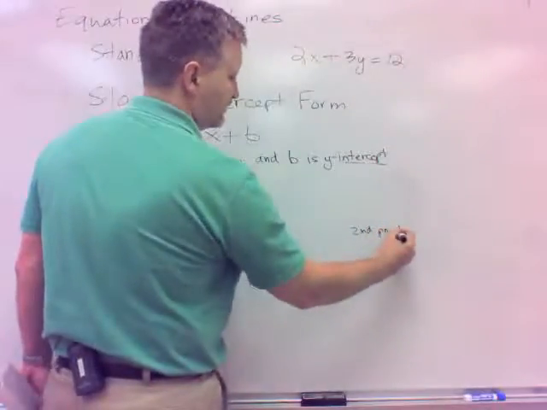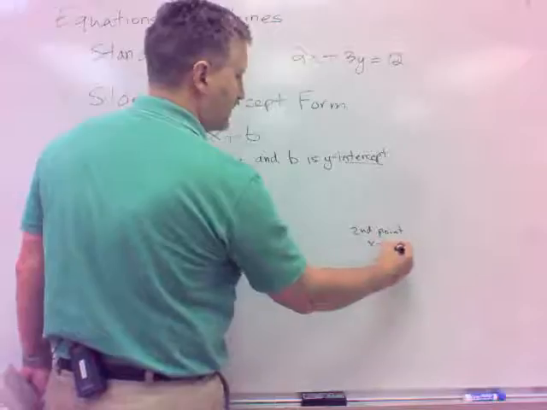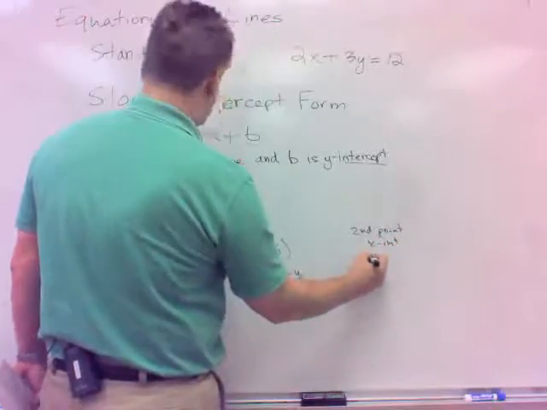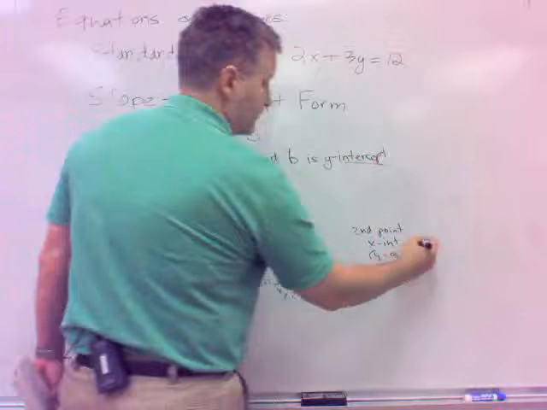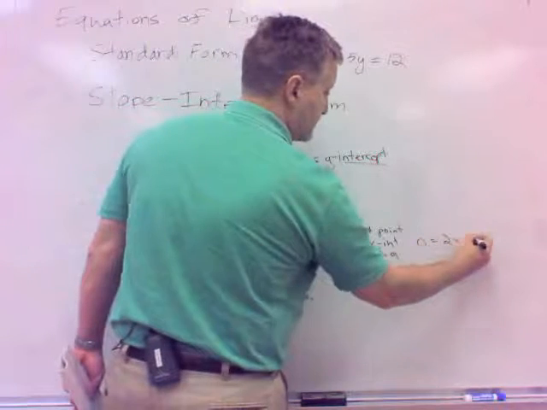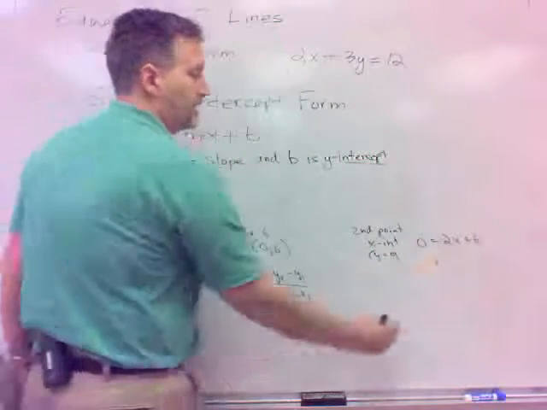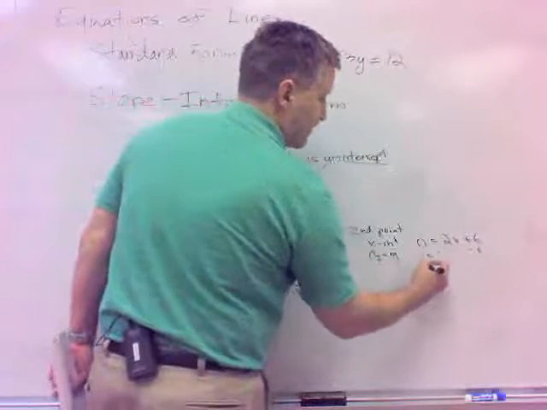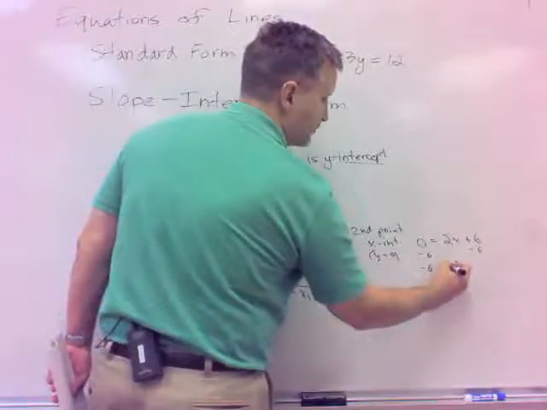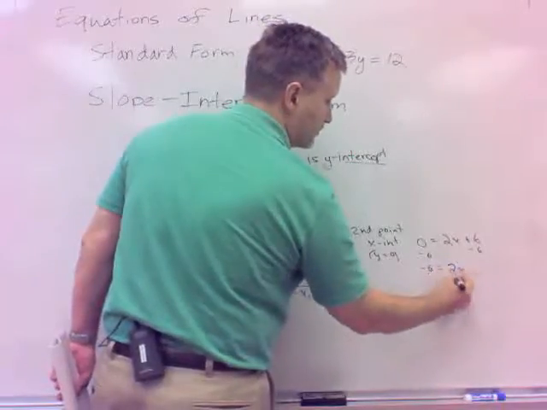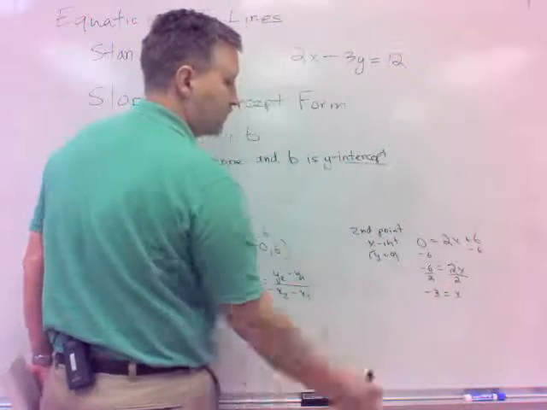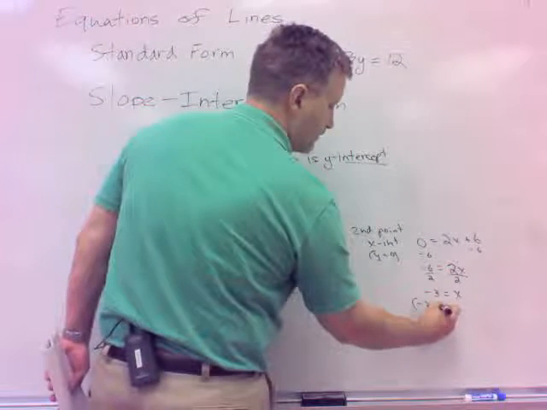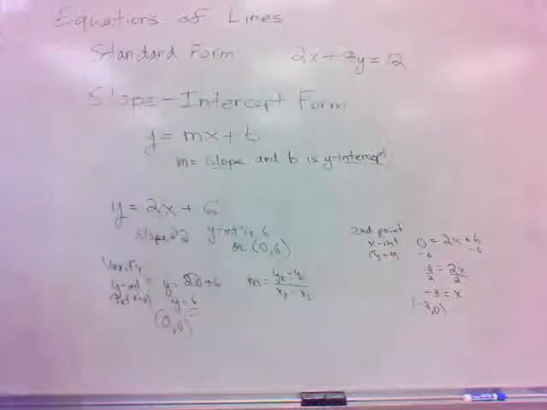So let me get a second point just over here, and let's go ahead and get the x-intercept. Let's let y be 0. So that's 2x plus 6 equals 0. Subtract the 6, divide by 2. And that would give me x equals negative 3, or (-3, 0) is my second point.